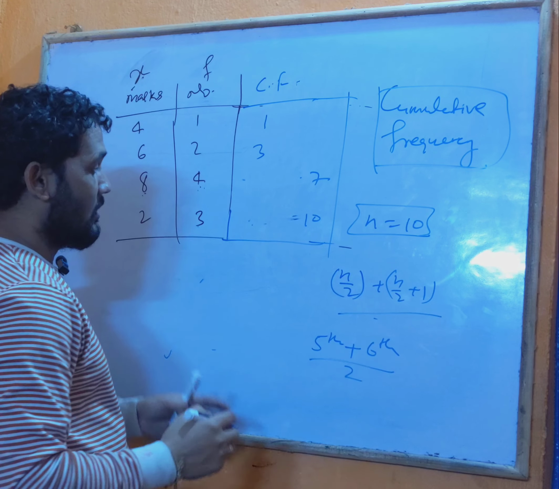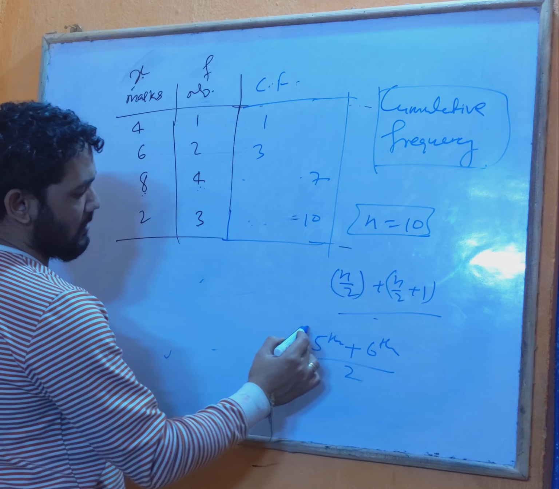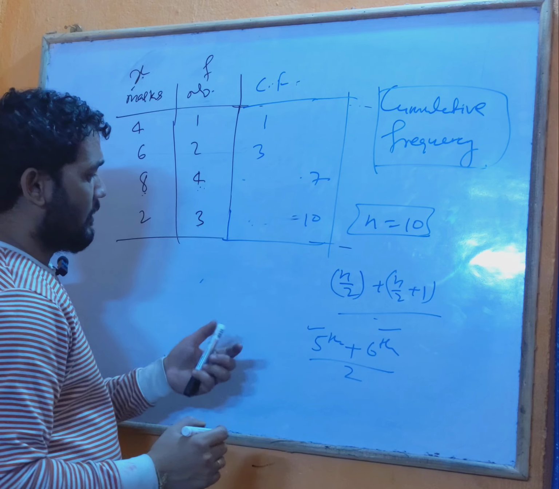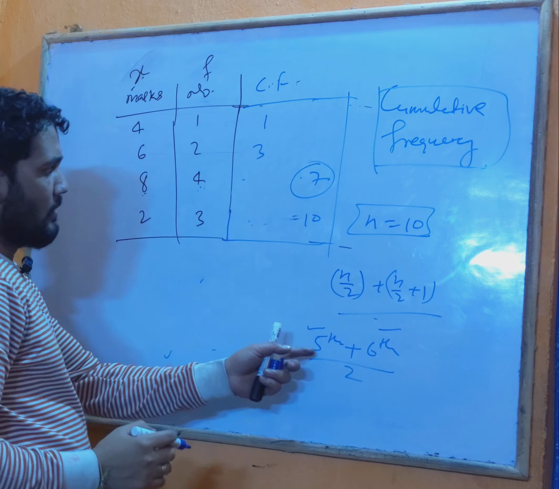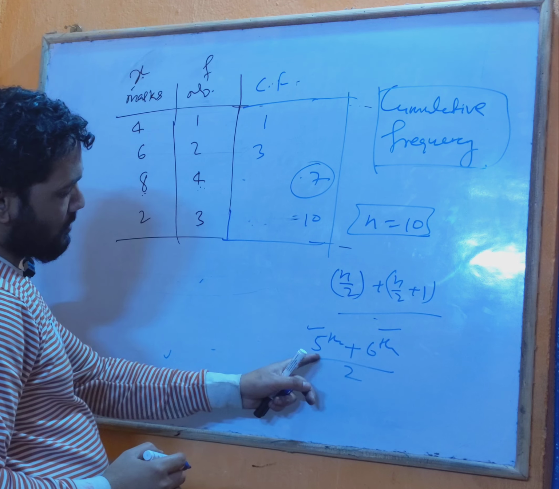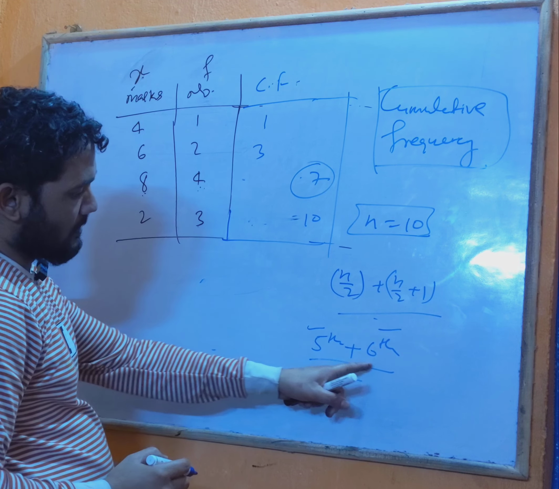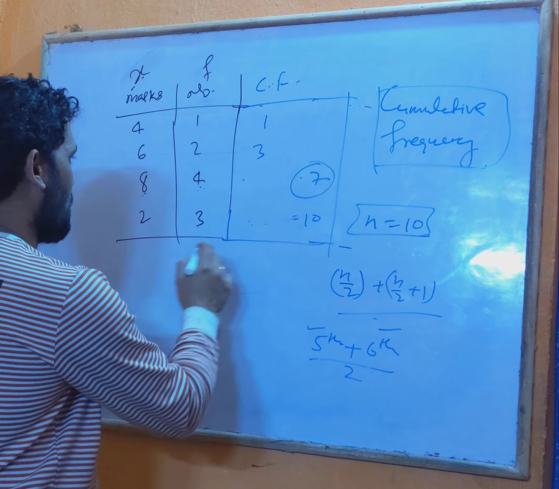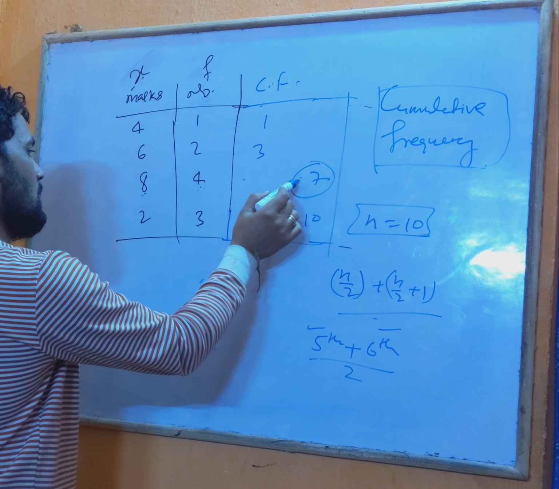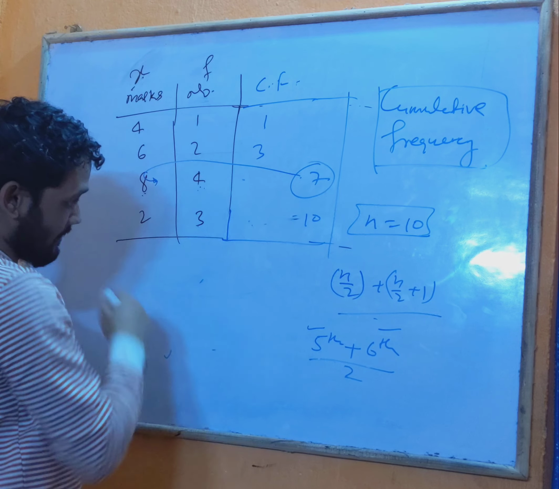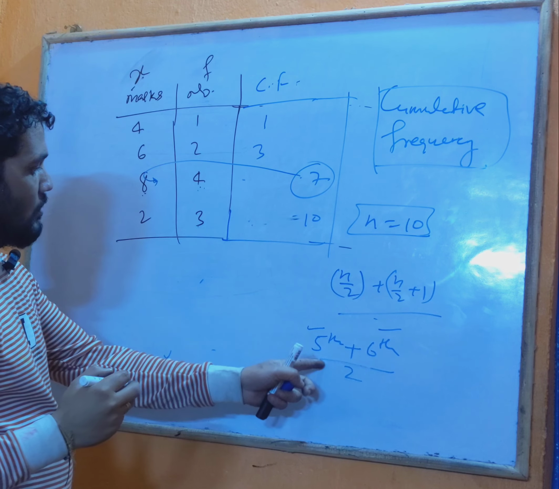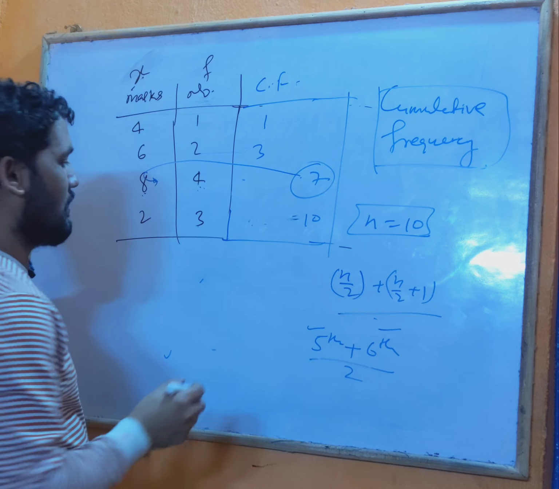Which term contains the fifth and sixth observation? 7 is just below the fifth and sixth, so this one is your 8. 8 is the fifth and sixth observation.